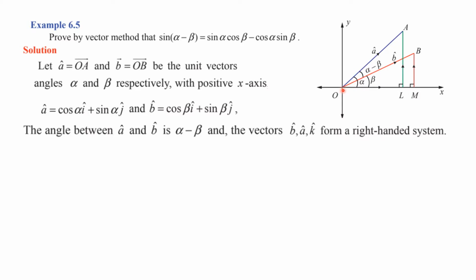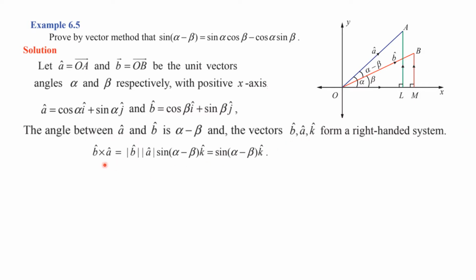Okay, and this k cap will be in a right-handed system with B cap and A cap. Why? Because we're having the cross product. If we take the cross product of B cap and A cap, you will have a k cap which will be perpendicular to A cap and B cap. Is that clear? If I'm going to do a cross product of B cap and A cap, then you will have k cap which will be perpendicular to both A cap and B cap. Okay, so we have a new introduction which is k cap.